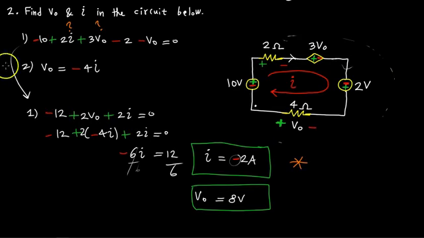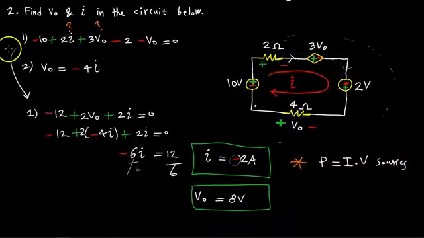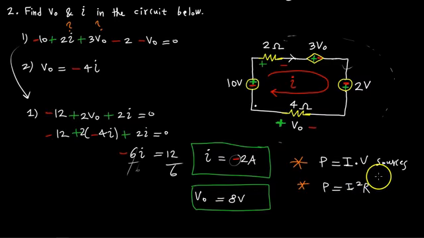I would just say that make sure that for sources, P equals IV must indicate direction of current according to passive sign convention. So obviously, think of sign convention, but also use P equals IV for sources, and use P is equal to I squared R for resistive elements, resistors.